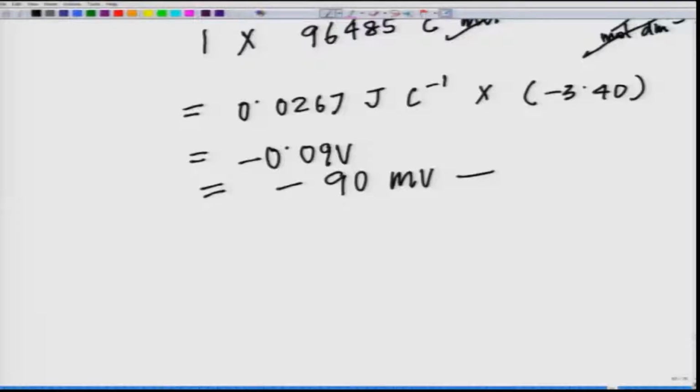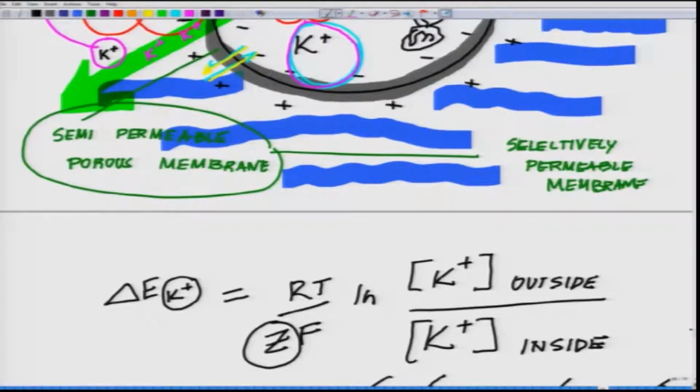Now, in the light of this, if you plug in the values, you see why a cell sits around a certain potential. As I told you in the beginning, mostly a cell sits at either minus 90 millivolt, minus 80 millivolt, or minus 70 millivolt.